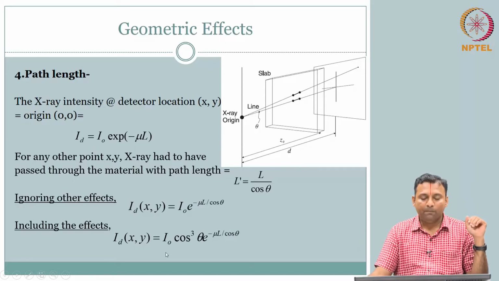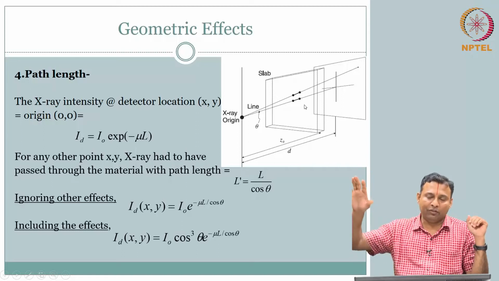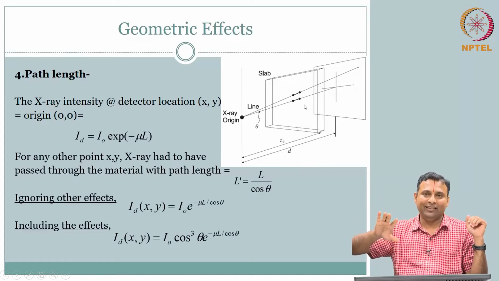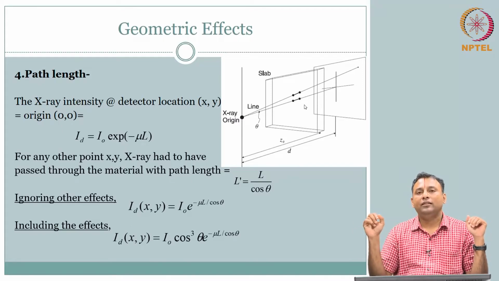But what do you see? You are going to have a high value at the center. As you move away from the center, the value is going to reduce because your path length is increasing. So, what should supposedly be homogeneously one color, say homogeneously white, white being the highest value, how is the image going to look?